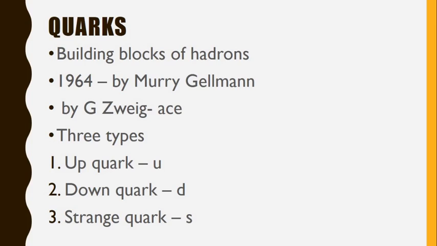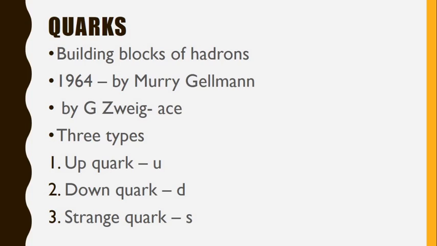In the last class we had discussed strange particles and also the strangeness quantum number. Kaons and hyperons are together known as strange particles, and these are assigned a quantum number called the strangeness quantum number, and here we have another quark known as the strange quark.